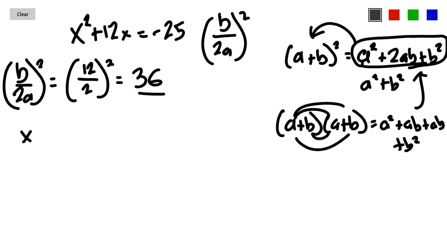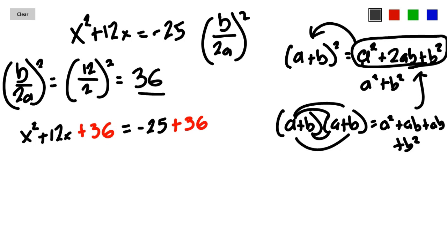So this is what we're going to do. We're going to have x squared plus 12x, and then we're going to add a 36 to both sides. Whatever you do to one side, you got to do it to the other, right? So this is what we have.